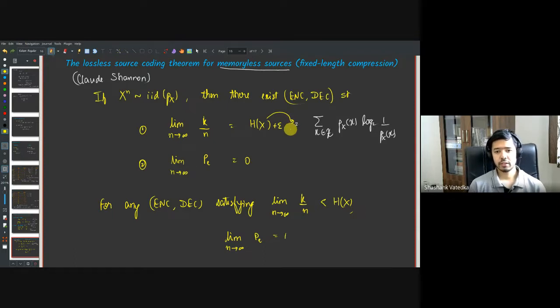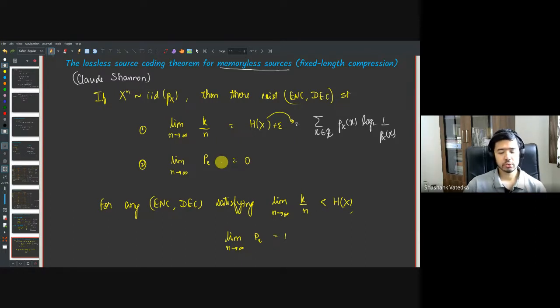Okay. So you can get arbitrarily close to entropy, and you can also achieve a vanishingly small probability of error. So this is actually one part of the so-called lossless source coding theorem. This is again, remember, for fixed length compression.